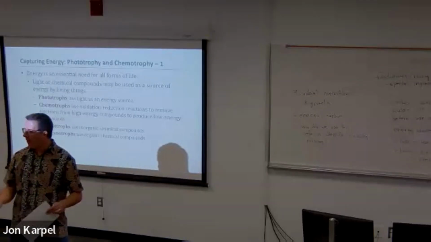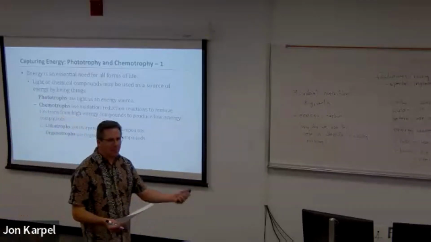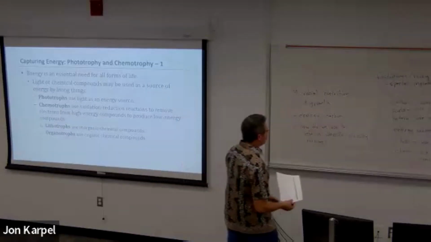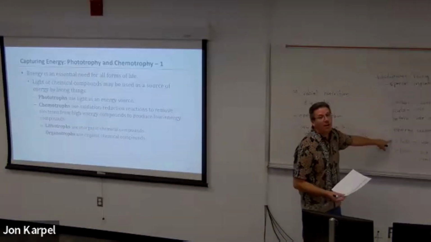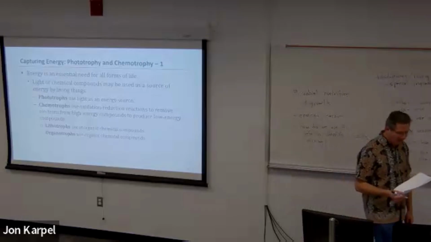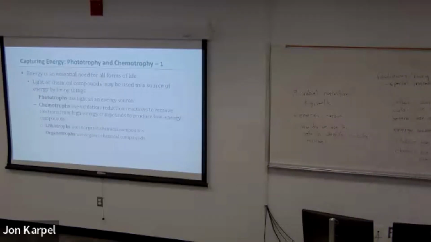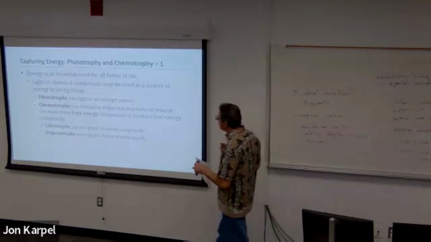Break it down. Photo, right? So start with photo. What do you say with photo? Light for energy, right? And then it says litho-auto. Well, okay. So auto tells you what?